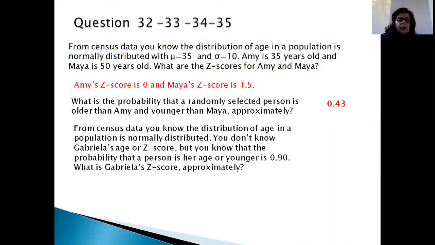From census data, you know the distribution of age in a population is normally distributed. You don't know Gabriel's age or z-score, but you know that the probability that a person is her age or younger is 0.90. What is Gabriel's z-score approximately? Well, in this case, we are going to use QDIST.